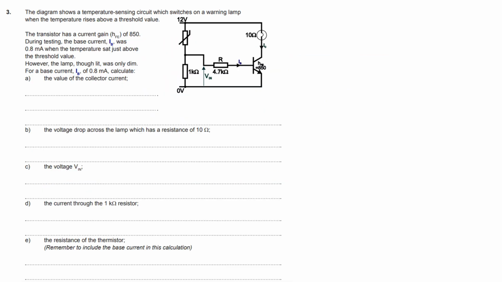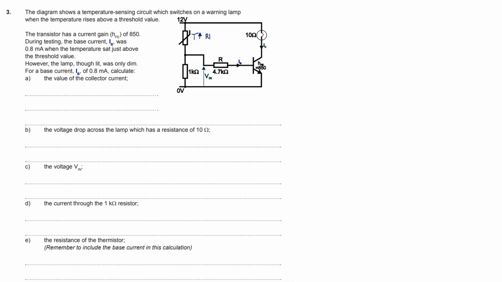Okay, next question. We have a temperature sensing circuit. This is called a thermistor. It switches on a warning lamp when the temperature rises above a certain threshold. So basically, just so you know this, as the temperature increases on a thermistor, the resistance always goes down.